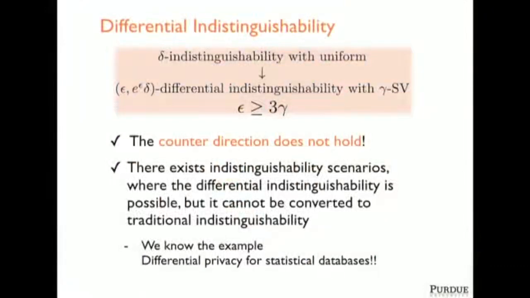Differential privacy is a common example of that, where in the database scenario we know that even when we have access to the uniform source, we cannot achieve an indistinguishability kind of guarantee, and we have already settled on something like differential privacy.